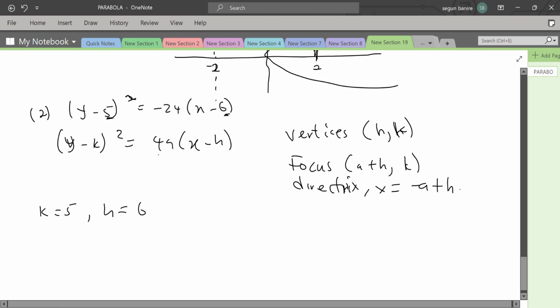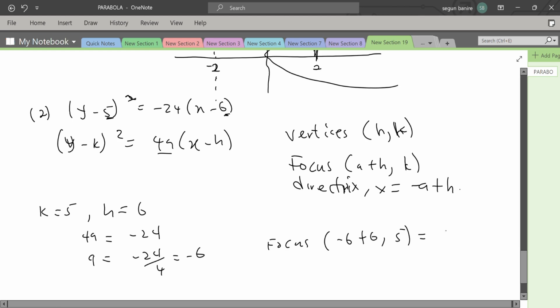So let's get our a. We do 4a equals minus 24, so a is equal to minus 24 divided by 4. That will give you minus 6. So your focus will be minus 6 plus 6 comma 5. That is 0 comma 5.